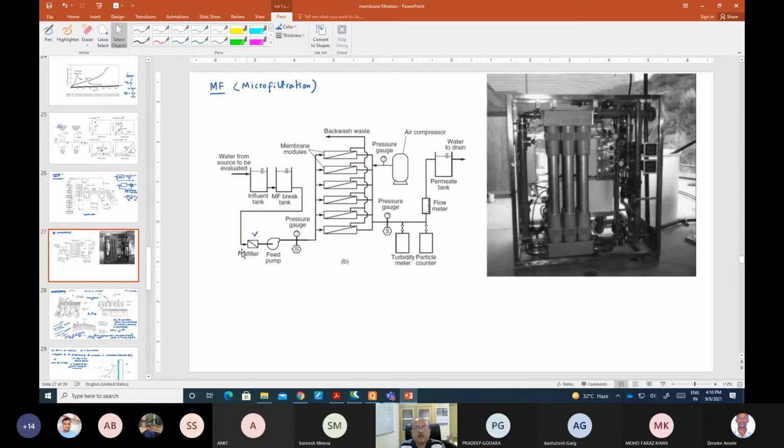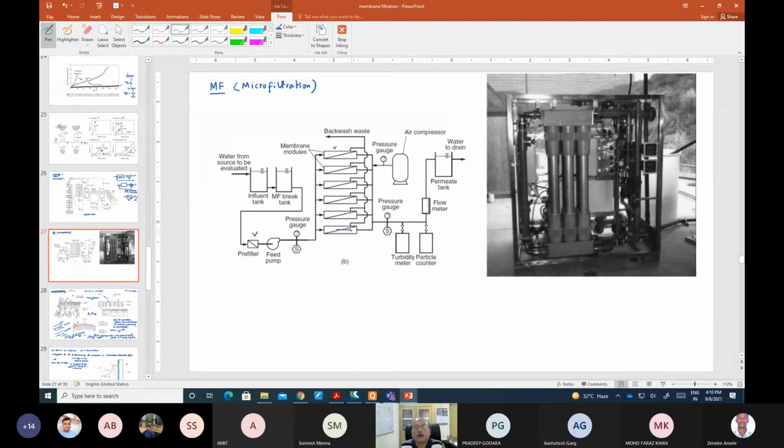So there is a pre-filter provided here, and then we take it into the membrane system, and these are the membrane modules that you can see. This is a bank of modules that are placed here, and these membranes are schematically shown here like this.